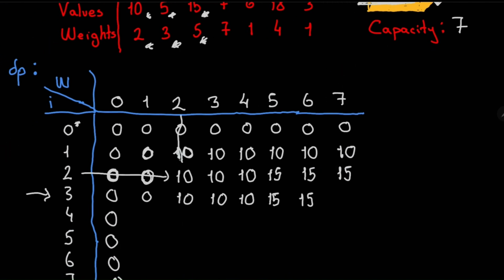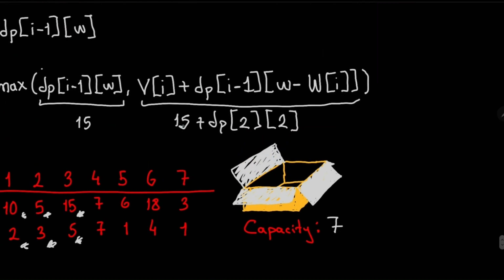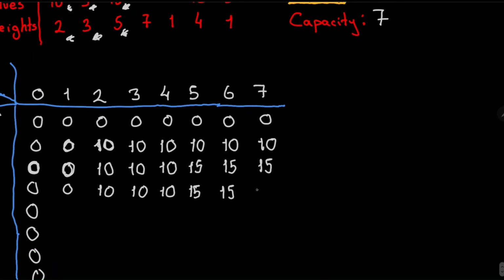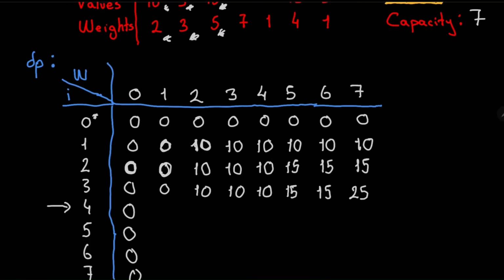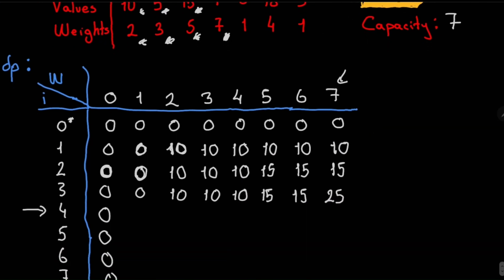And it is giving this cell, which is 10. So 10 plus 15 gives us 25. And since 25 is greater than 15, we are taking 25. For the item of 4, it has a weight of 7. So its threshold is here. So until then, we are directly copying the previous row.